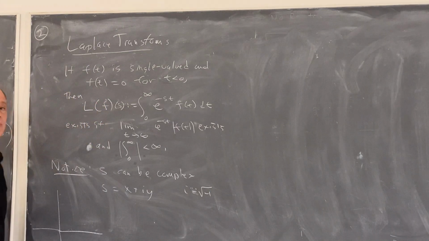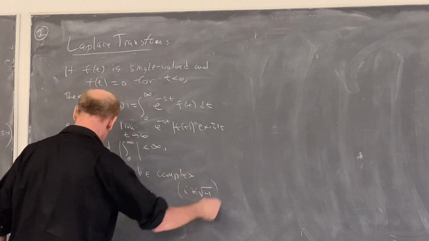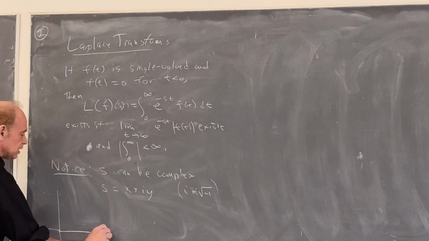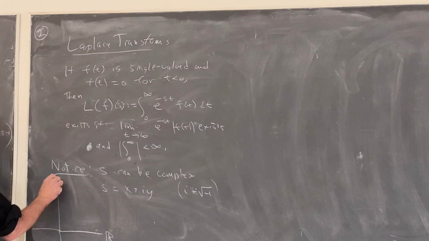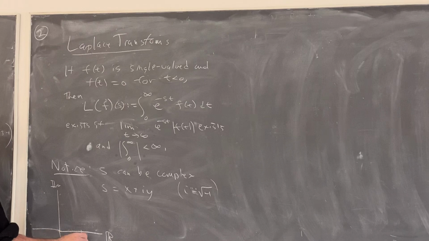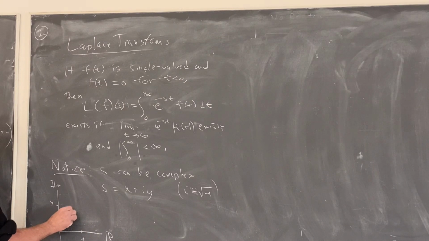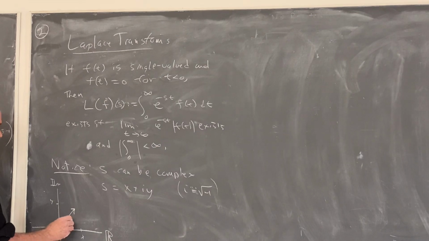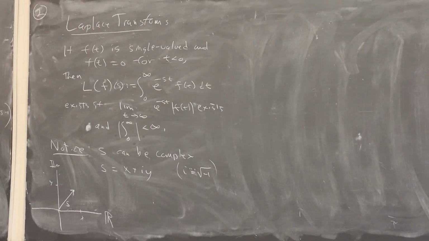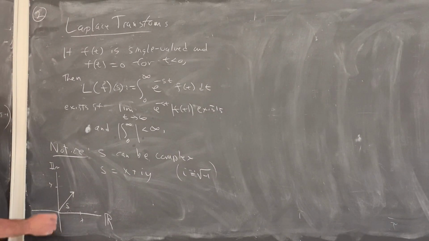In other words, i squared is equal to minus 1. So if I write this as the real axis and this is the imaginary axis, if x is the real part and y is the imaginary part, then I can think of this s as the vector x plus iy. And notice, this is in Cartesian coordinates.